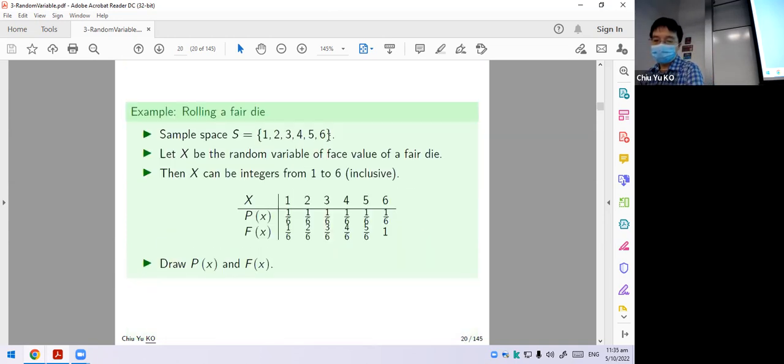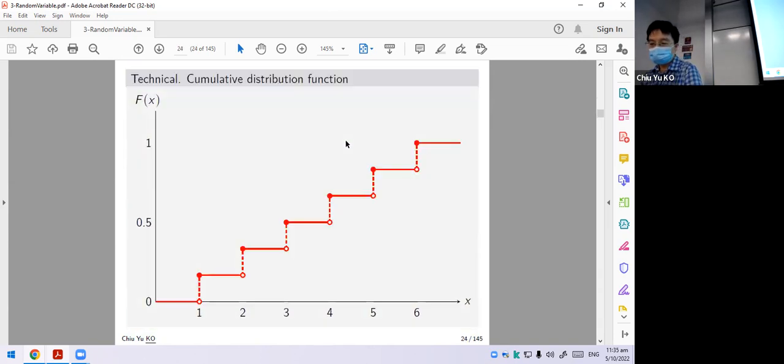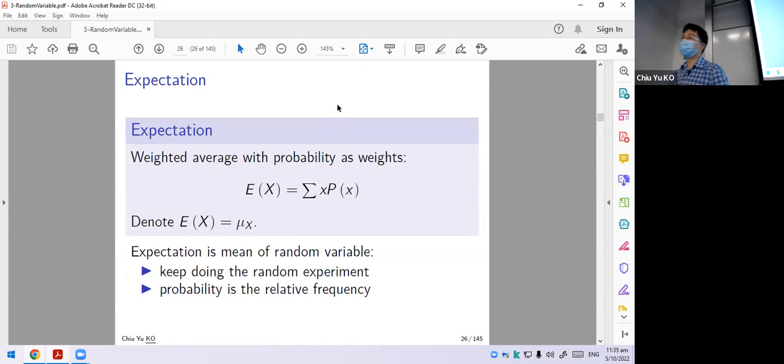And now that we have a sample space of numbers, we can use the ideas we learned in topic 1. Topic 1 said that if we have numbers, we are able to summarize things by talking about mean, variance, kurtosis, and skewness. And why can we have numbers?